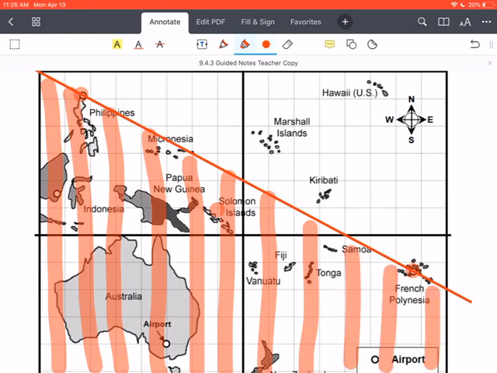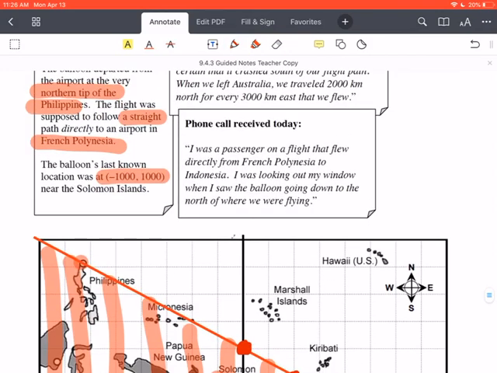So let's think about the inequality that we could write for this scenario. Well, it's linear, y equals mx plus b, and we see that the y-intercept is at 2,000, and it seems that the slope is going down 1,000 over 2,000 to get to our next lattice point. So let's put together our first inequality.